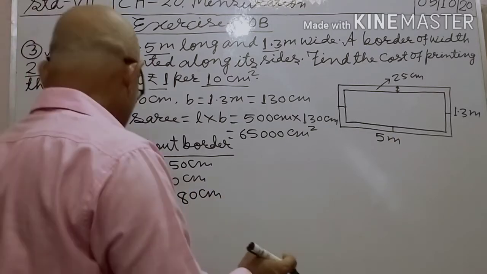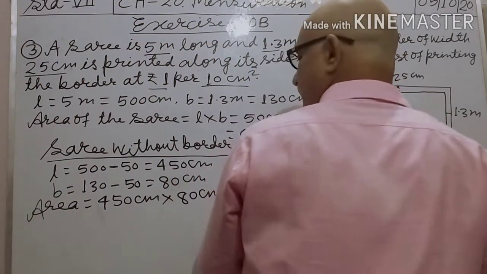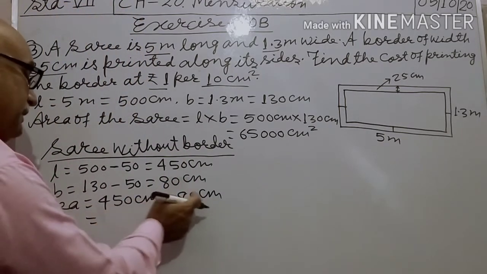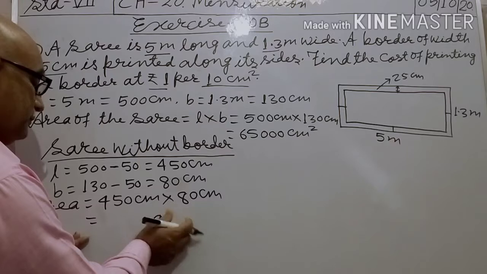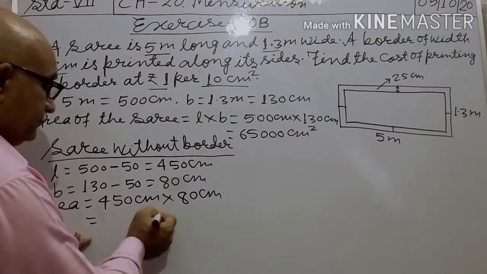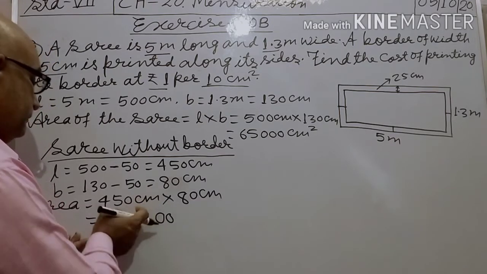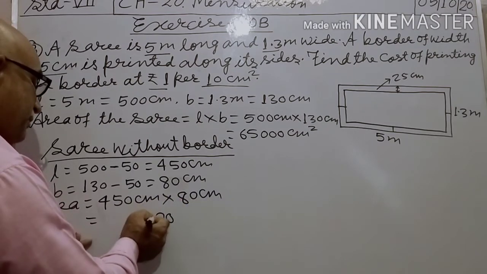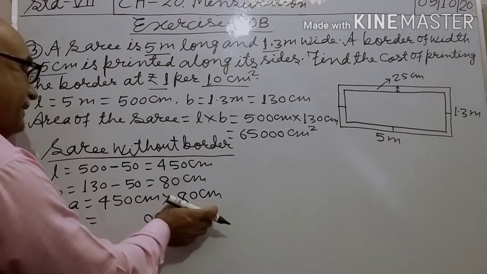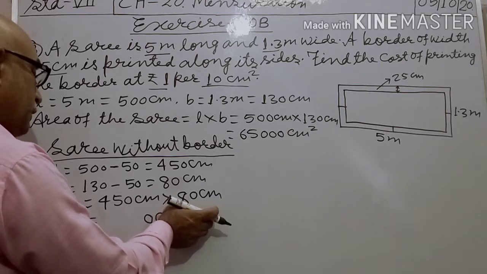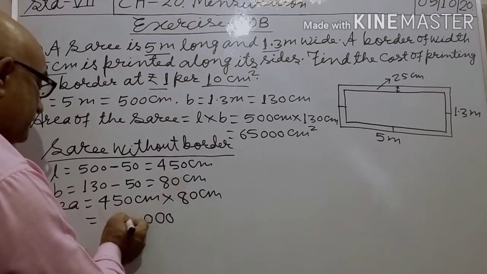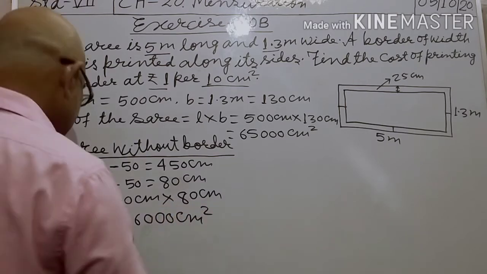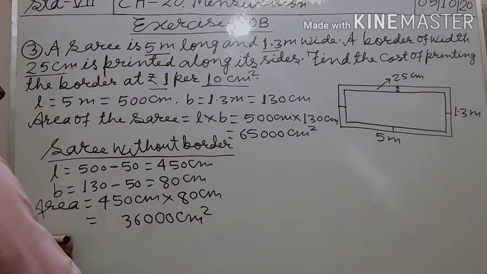Multiply 450 into 80. 5 8s are 40, 0 carry 4. 4 8s are 32, 32 plus 4 is 36. 36,000 cm square. Now area of the border.